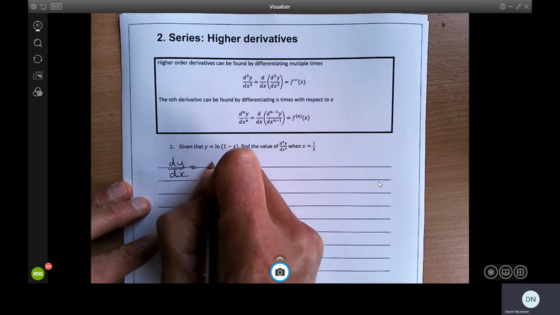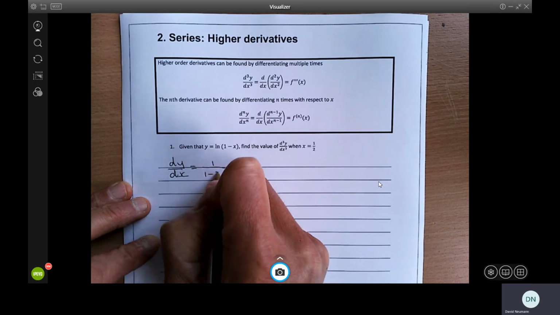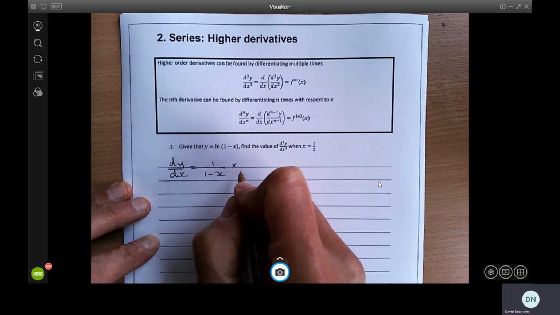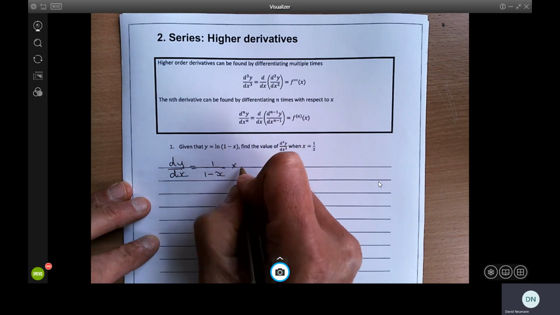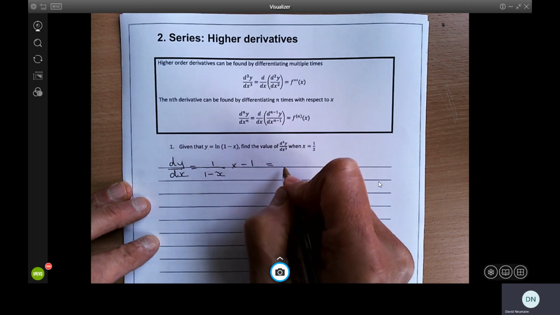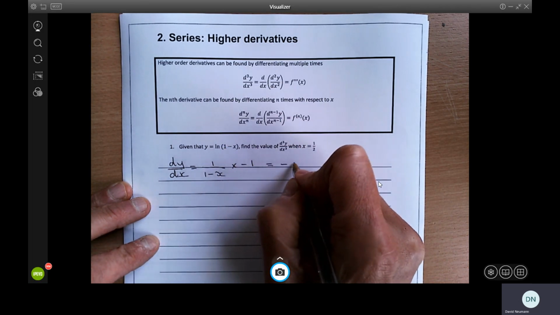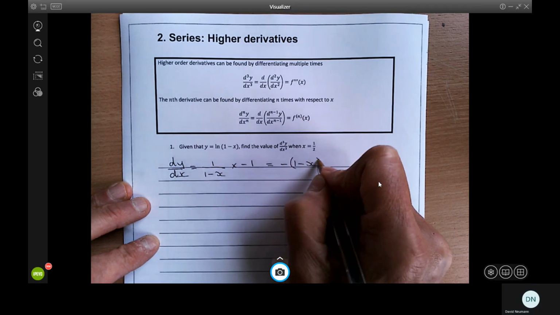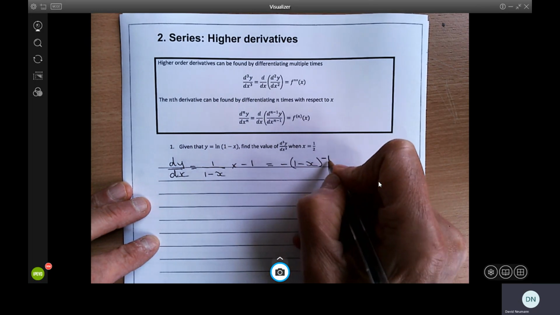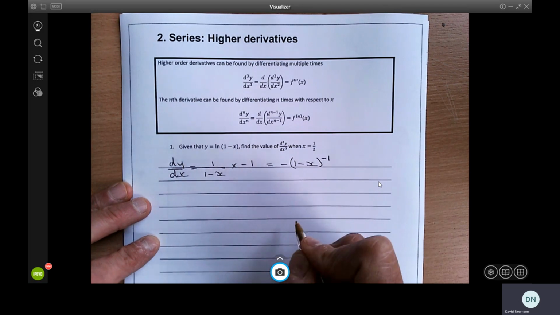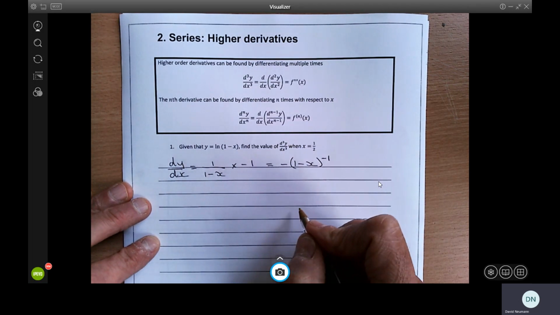Differentiate the ln, we get 1 over 1 minus x, and then we multiply by the derivative of the inner function, which is minus 1. So we get minus (1 minus x) to the power of minus 1. I'm going to write it like that rather than minus 1 over 1 minus x.